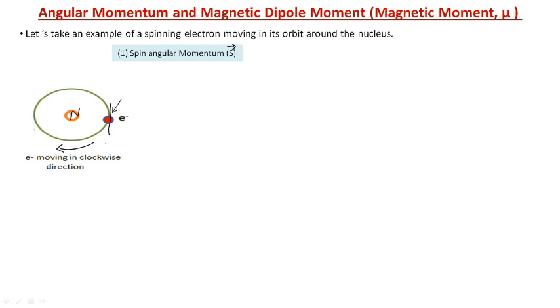Another case is this electron is moving in an orbital path and thus it results in orbital angular momentum, which is represented by vector L. Since these two different kinds of motions of this electron interact with each other, their interaction results in spin orbit angular momentum, which is represented by vector J, and this spin orbit angular momentum is sometimes known as total angular momentum.